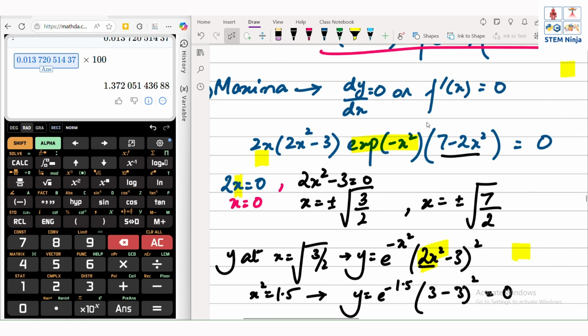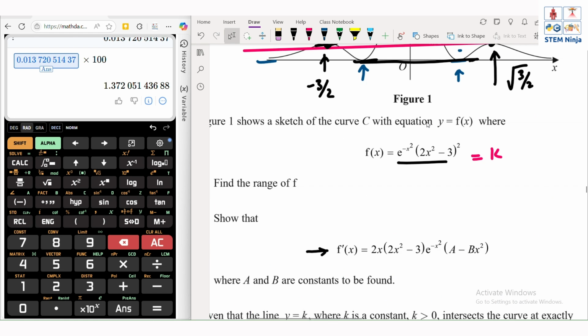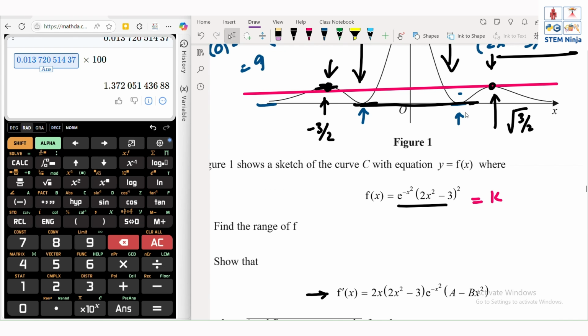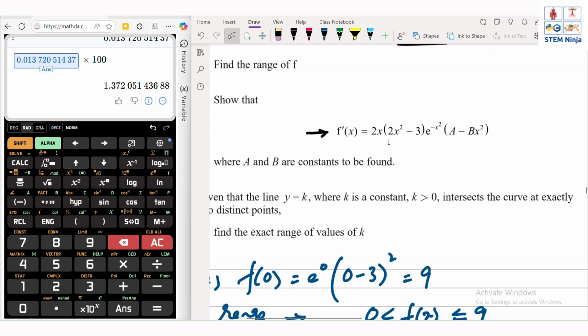So y is equal to 0 at that. Wait, they gave us this one. My bad. So these were the 0 points. These are also stationary points, by the way. So these are the negative square root of 3 over 2, and this one is the positive square root of 3 over 2. So that means we need the 7 over 2, right?